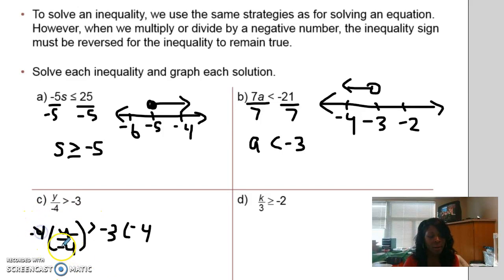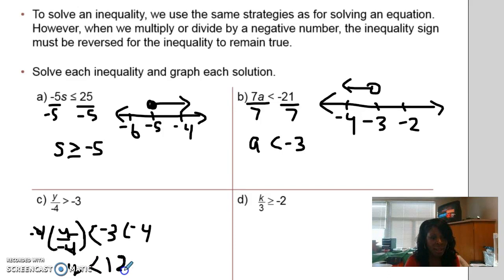So negative 4 divided by negative 4 is 1y. But what do we have to do to the sign? We need to switch the direction because we're dividing by or multiplying by a negative. So instead of y being greater than, it's going to be less than positive 12. Y is less than positive 12.